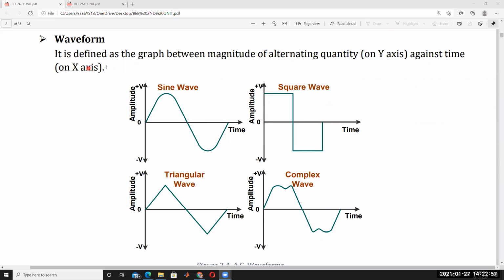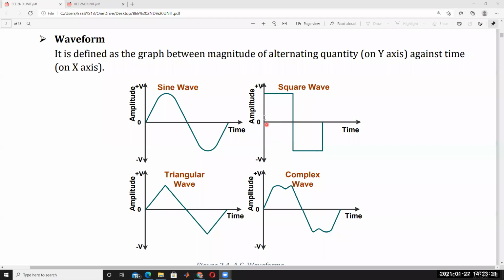It is defined as the graph between the magnitude of an alternating quantity on the y-axis against time on the x-axis. The magnitude of the voltage changes from 0, increases to a maximum value, and decreases to 0. This is called an alternating quantity.